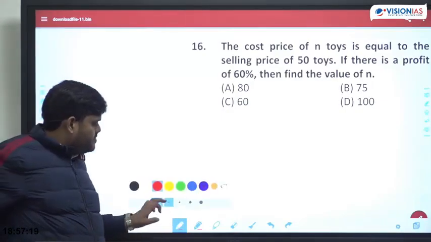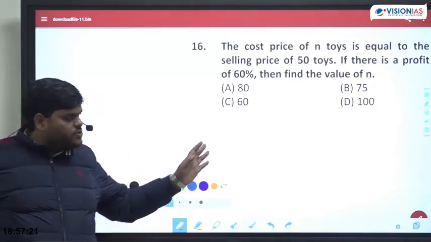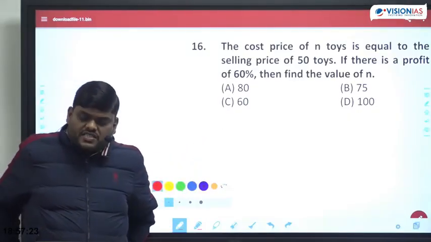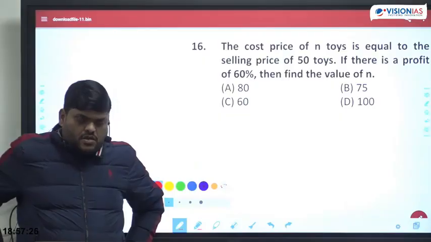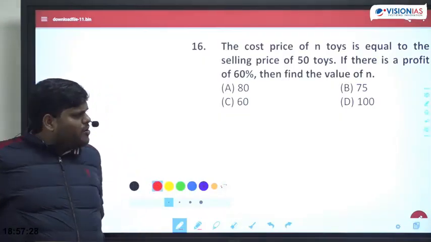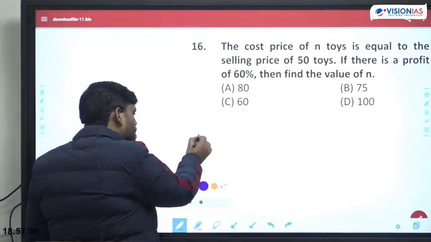How to solve this? There are various methods. When I was looking at this question, the first thing that came to my mind was options. By options we can solve, or by the process we can also solve.